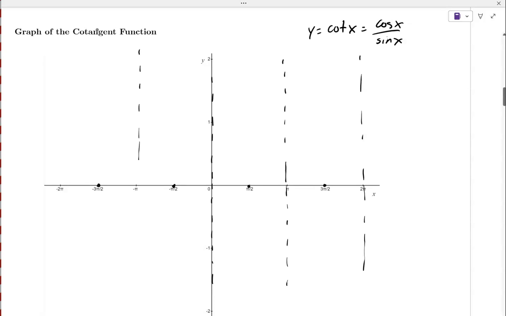Negative pi. Negative 2 pi. Right? So far, so good? Same game we played before, right?